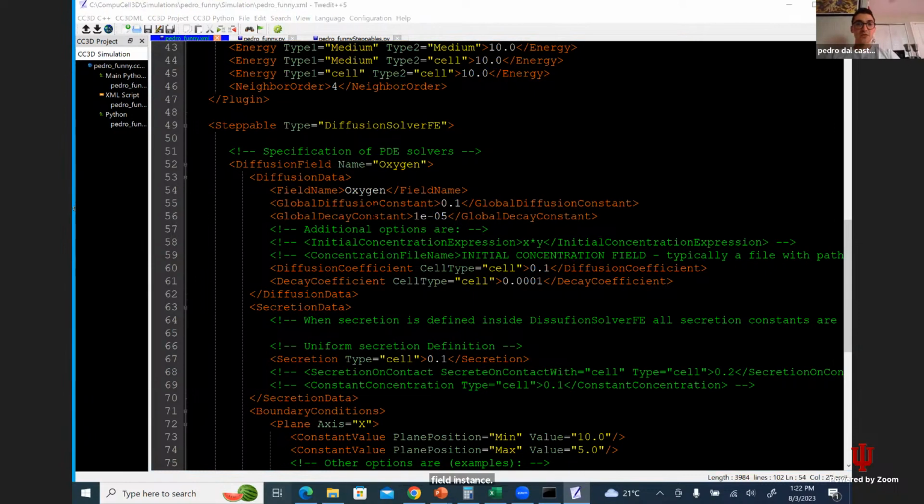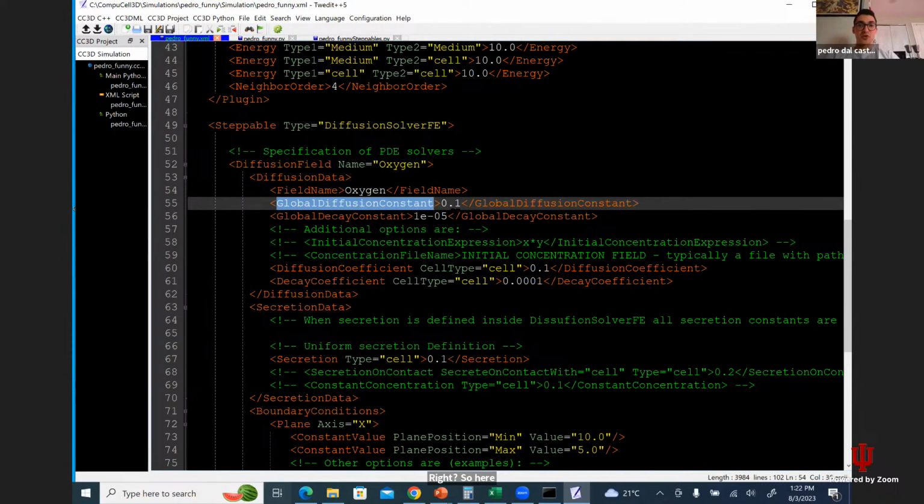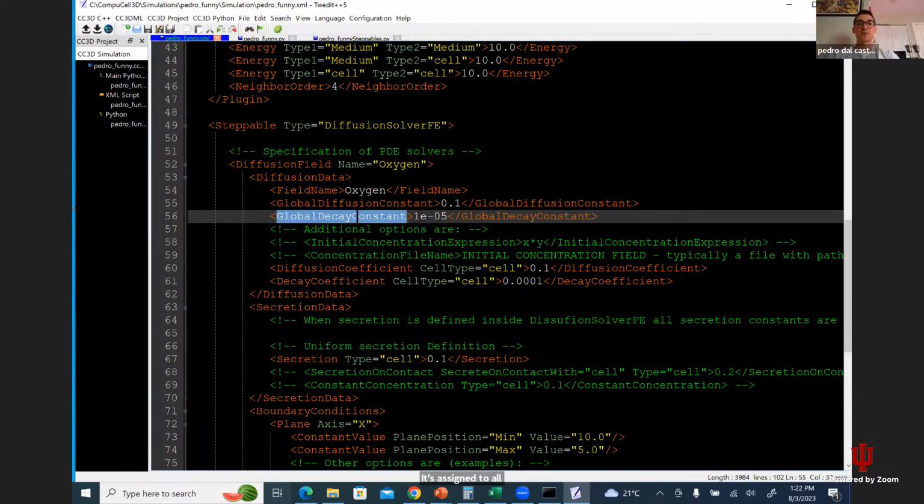Here you can see the global diffusion constant. So this is the diffusion constant that happens everywhere. It's assigned to all points in space. And the decay constant. I'm not covering the decay constant now. In the next lecture, I will. So I'll comment this line.